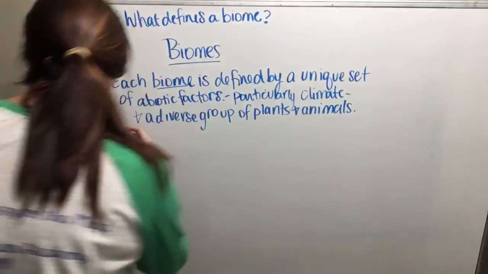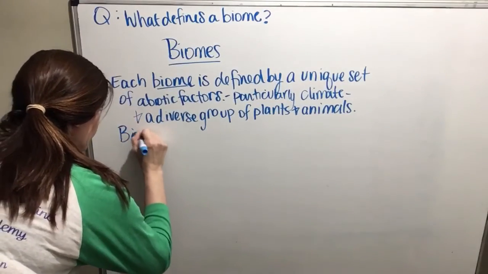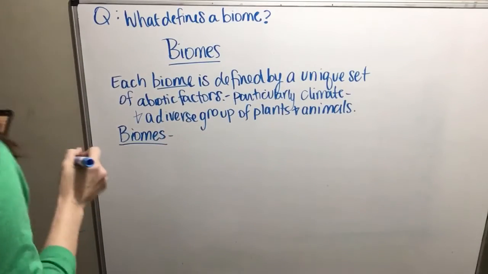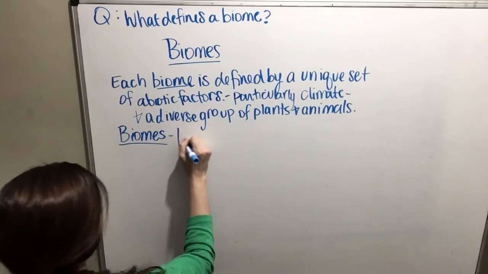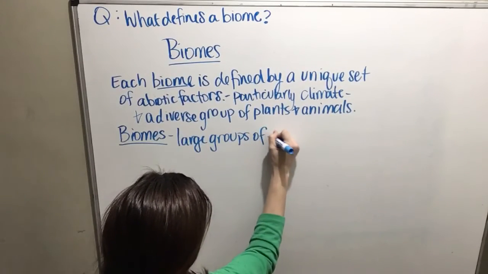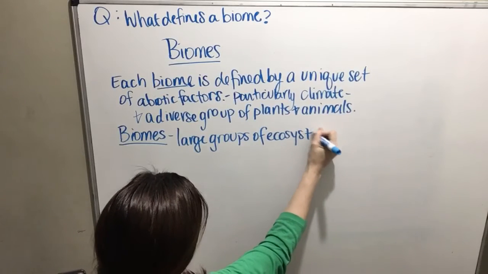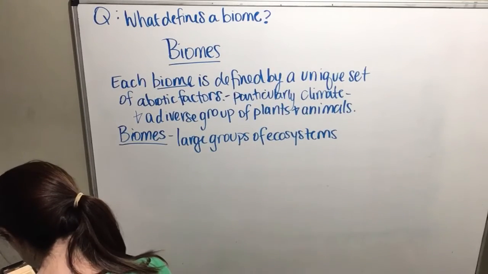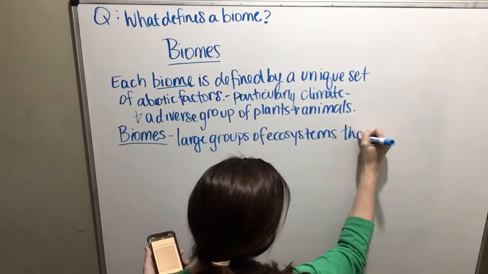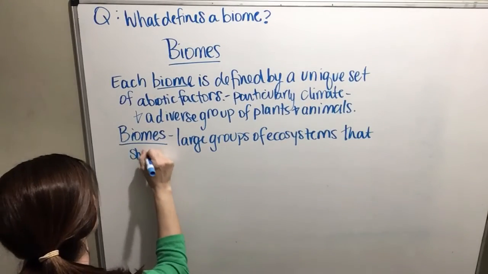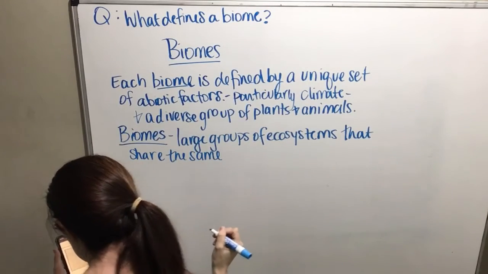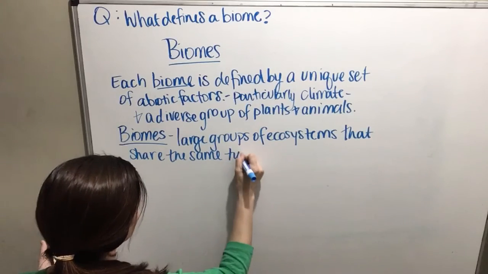Before we get that, let's go ahead and give a real definition for what a biome is. So biomes are large groups of ecosystems that share the same type of climax community.